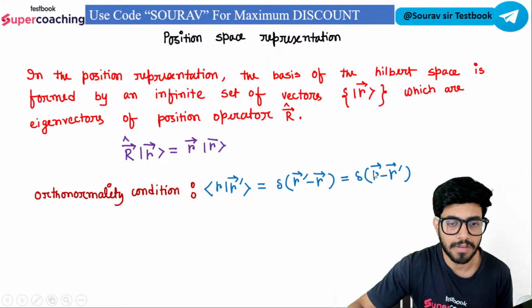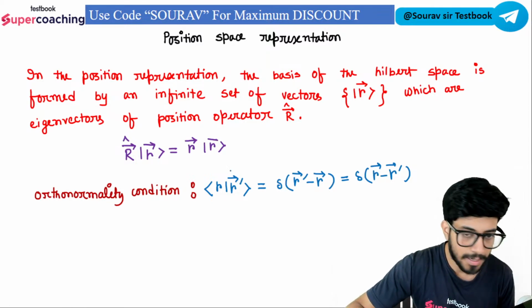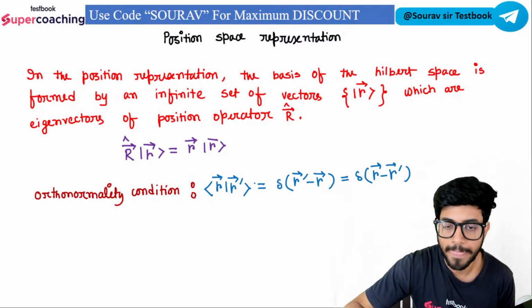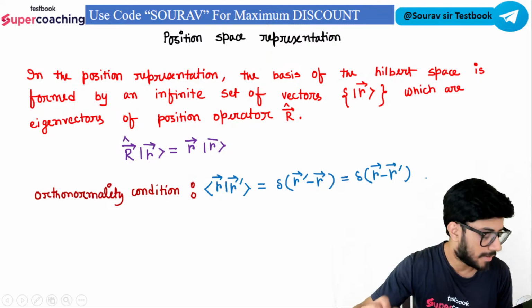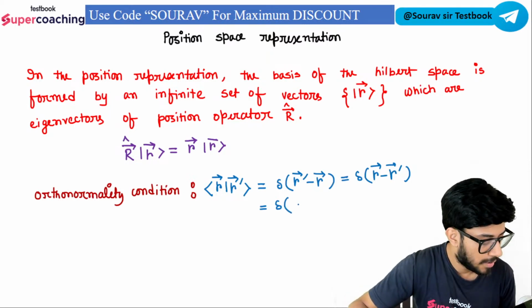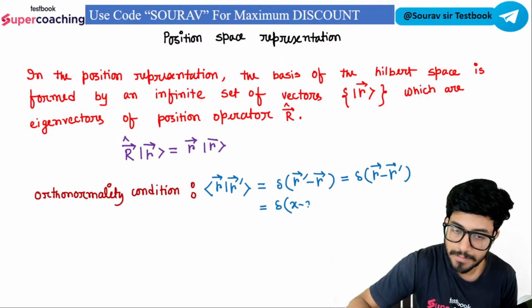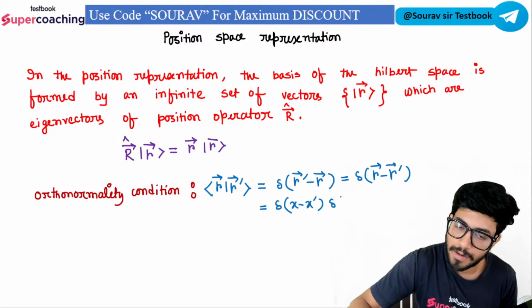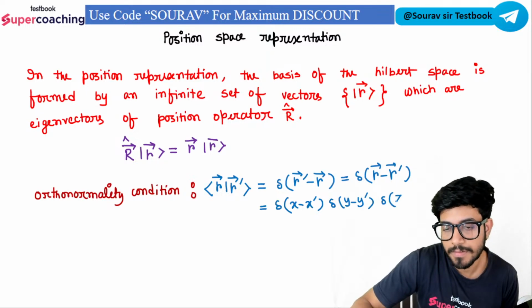That can also be written as delta of x minus x dashed, delta of y minus y dashed, delta of z minus z dashed.